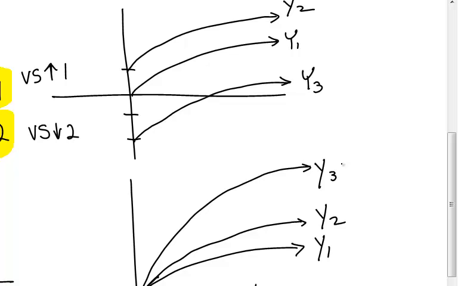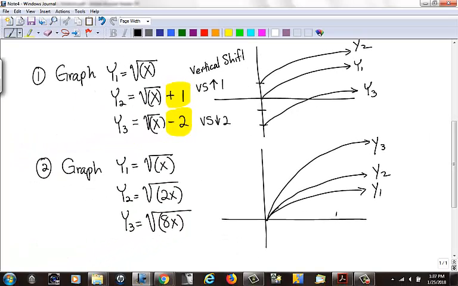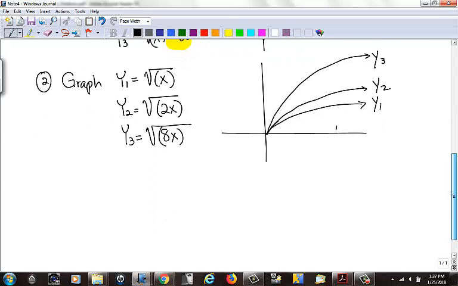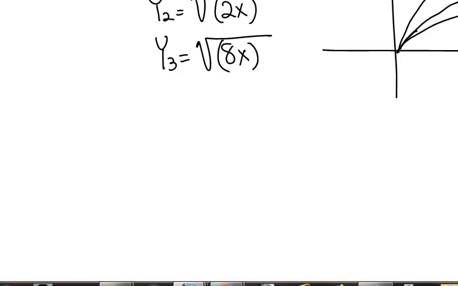The VS, I guess I should say up here, stands for vertical shift up. It moves the whole graph up. Okay, this one did a vertical stretch. Okay, stretched it. You just have to write it out. Vertical stretch.